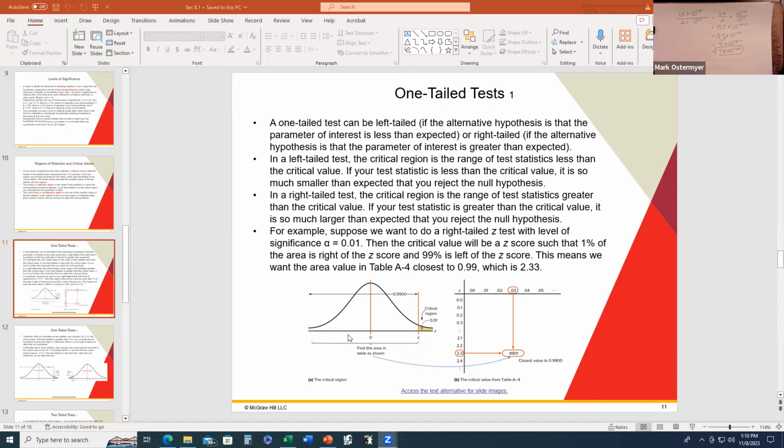And if we are conducting an upper tail test or a right tail test, our rejection region is going to be in the upper tail of the standard normal probability distribution or the student t distribution, depending upon what test we're conducting. That's why we call it an upper tail test, because the rejection region will be only in the upper tail of the normal distribution or t distribution.